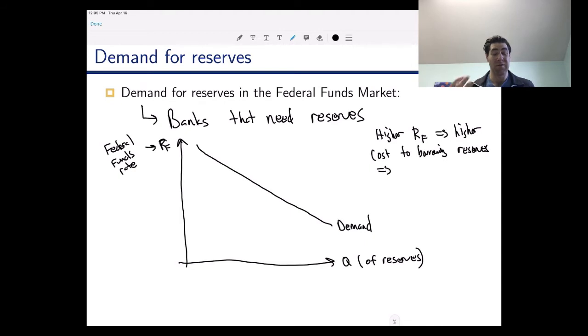So banks are going to keep larger and larger fractions of their deposits in reserves the higher the federal funds rate goes. So banks keep more deposits as reserves. Right? So in a world where there's no fractional reserve banking, and banks keep all of their deposits on hand as reserves, there's no need for the federal funds market.